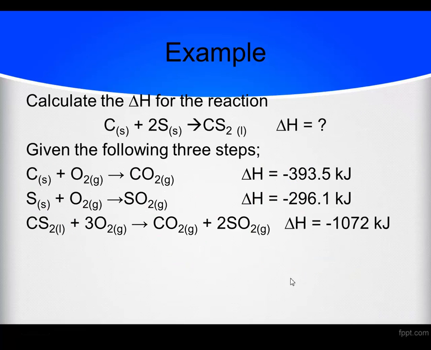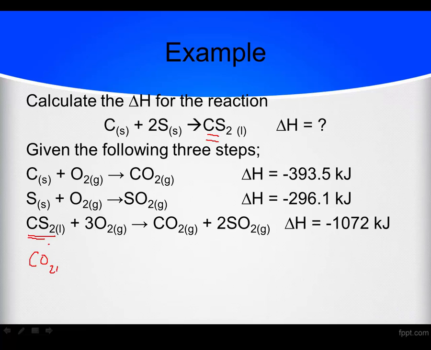All right, I'm done. So if we're doing this problem, one of the things that I'm noticing is that this last reaction has CS2 showing up on the reactant side when it should be a product. So I'm going to have to flip this one around.